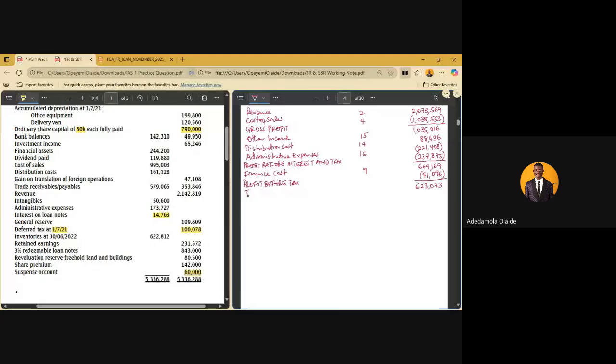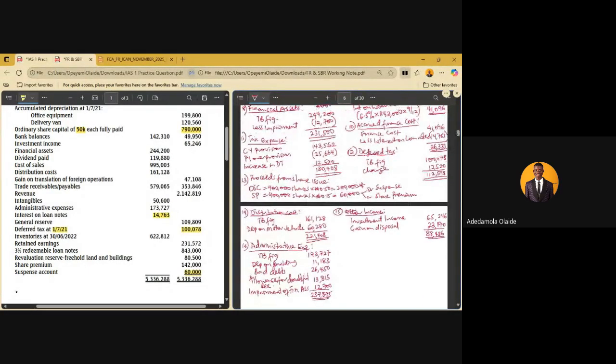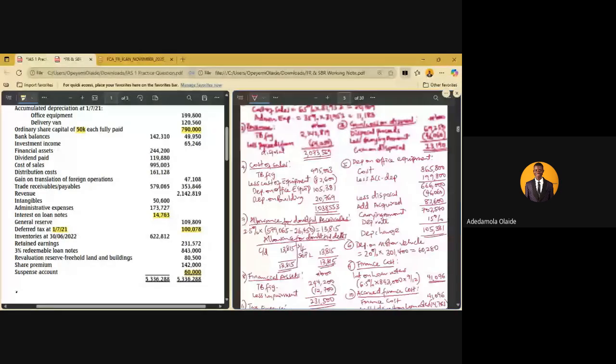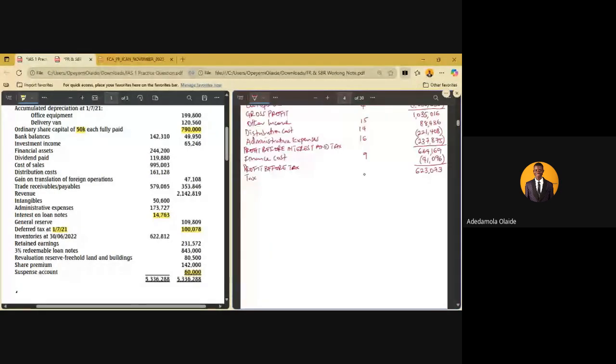Then tax expense. The tax expense for the year, which we calculated in note 11, is 130,408. So with this, our profit for the year will be how much? 492,665.